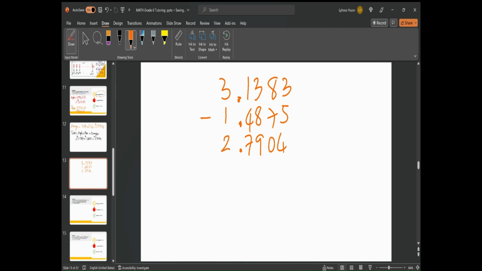Okay. So now to add them, we have 3 plus 5. We just add as usual. 3 plus 5 plus 4 is 12. 2, and we add 1. Now, 1 plus 8 plus 7 is 16.